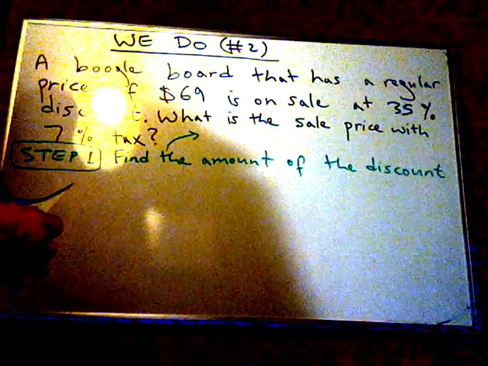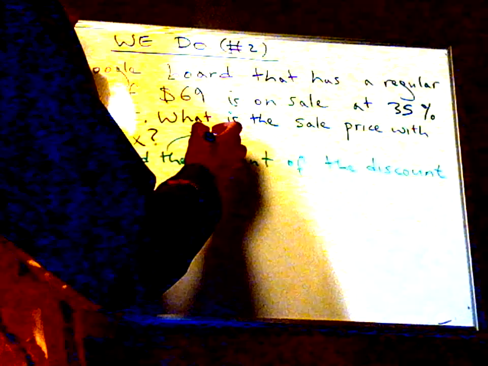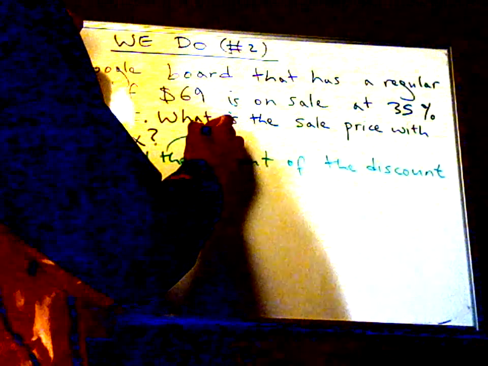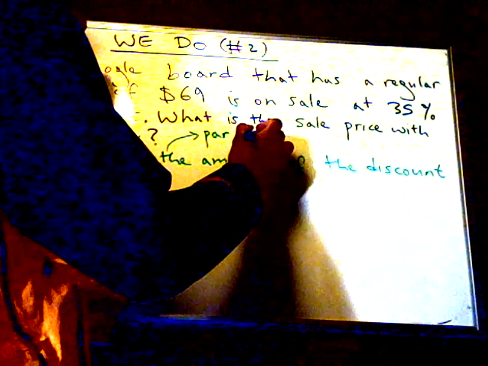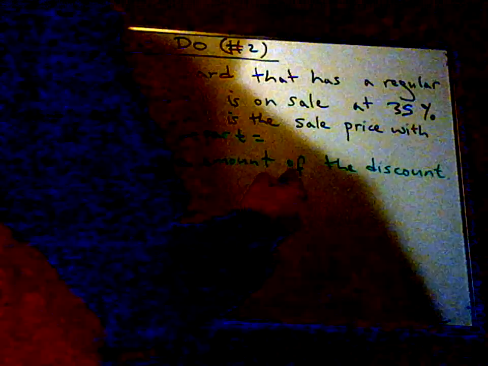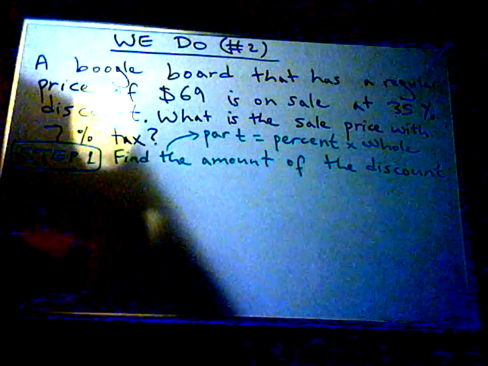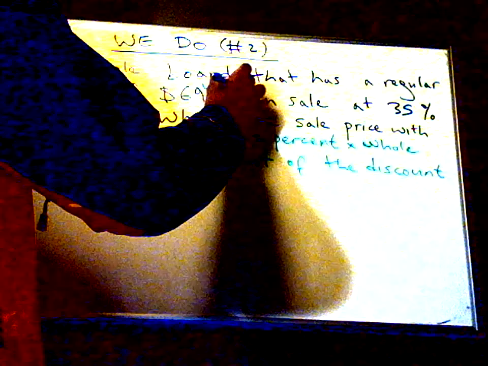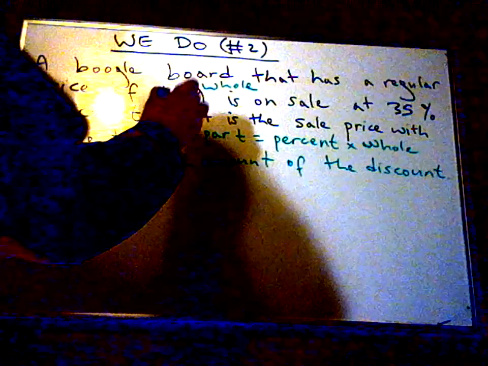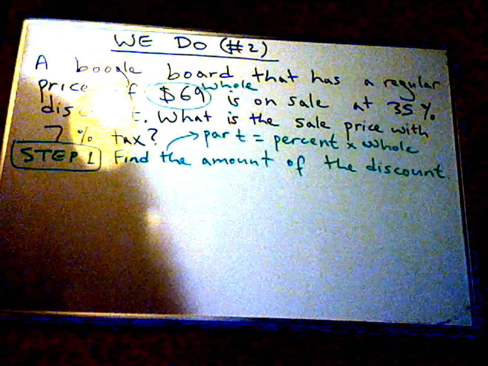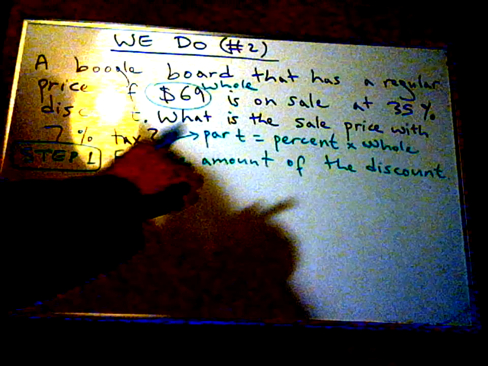So we know that part is equal to the percent, like we saw in the previous lesson, multiplied by the whole. Okay. And so we know that the whole is what? The $69.